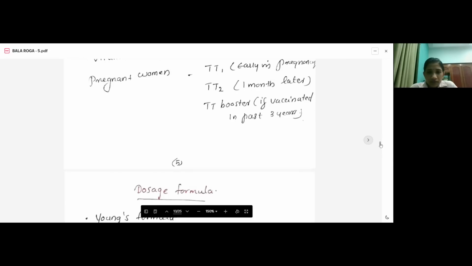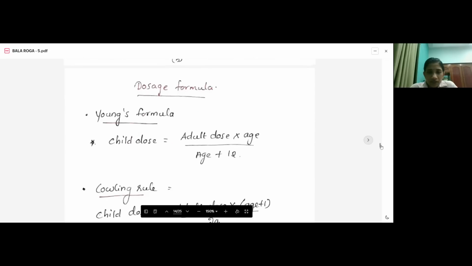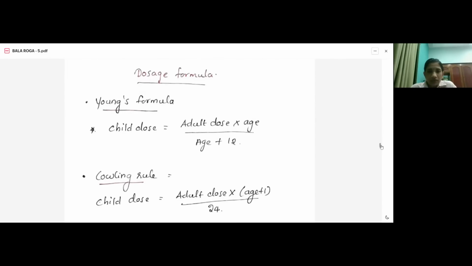Next is the dosage formula. This is very important. In modern science, the dosage for different medicines is calculated using these formulas. The first is Young's formula.